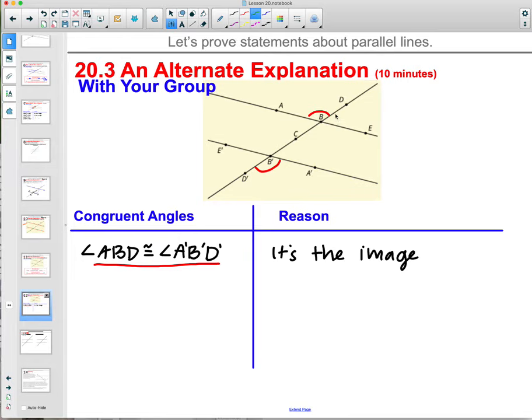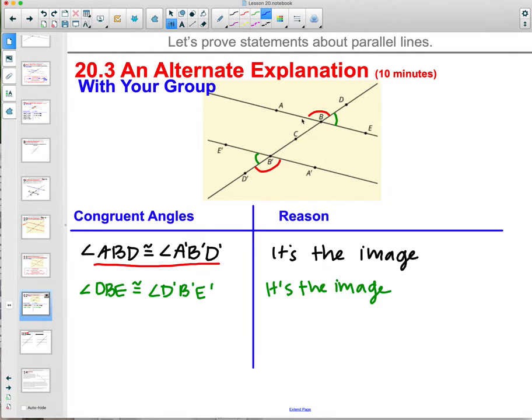If I take a look at this one, angle DBE, if I look for the image angle D prime, B prime, E prime right here, that's going to be congruent, because D prime, B prime, E prime is the image. And we know rigid transformations keep the angles the same size.